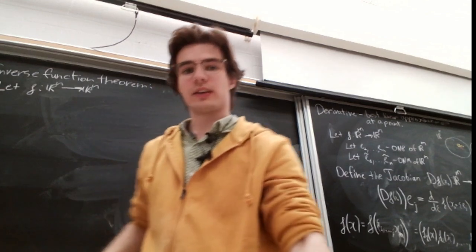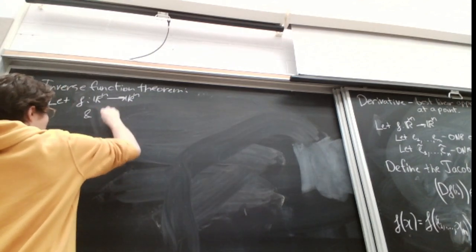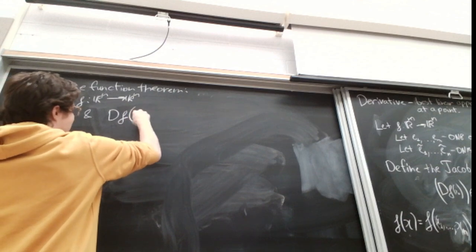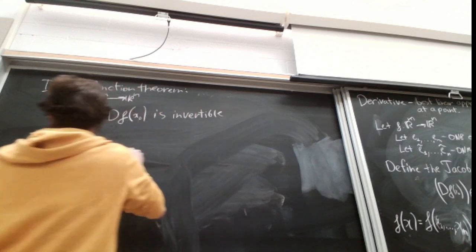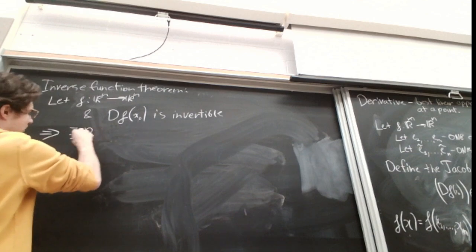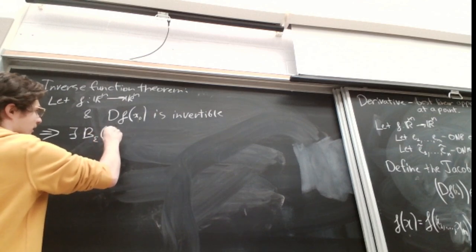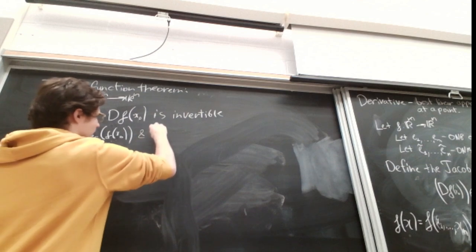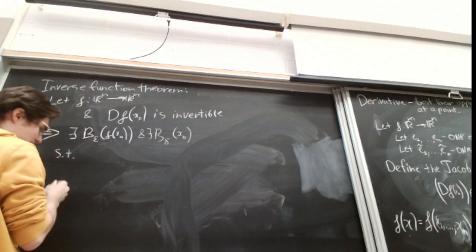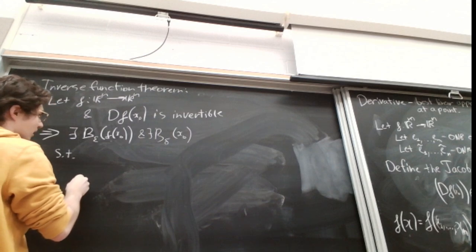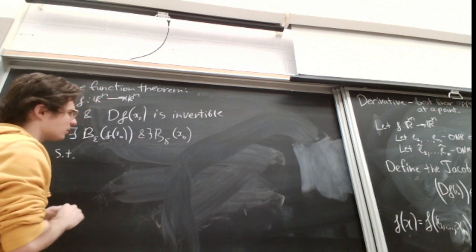So the inverse function theorem says that if I have some function from Rn to itself, and the Jacobian at some point x naught is invertible, that implies there exists a ball of some radius epsilon around f of x naught, and there exists a ball of radius delta around x naught, such that... No, it's not necessarily a ball.